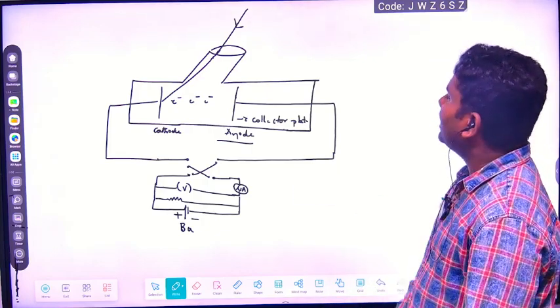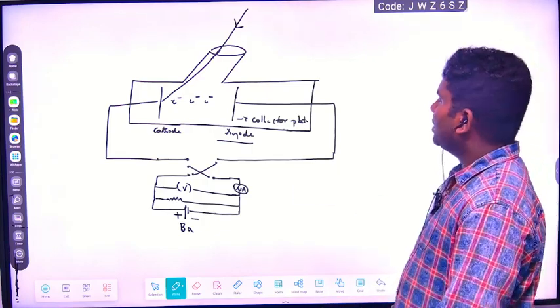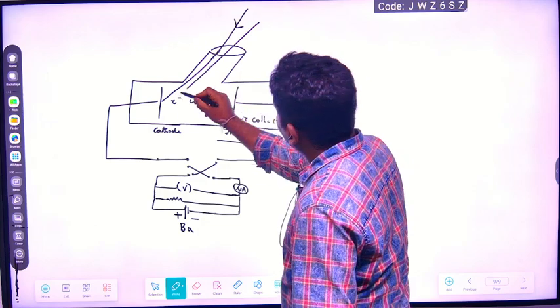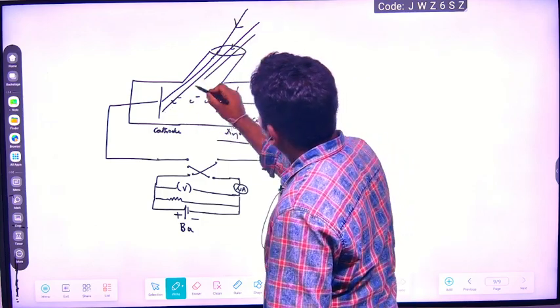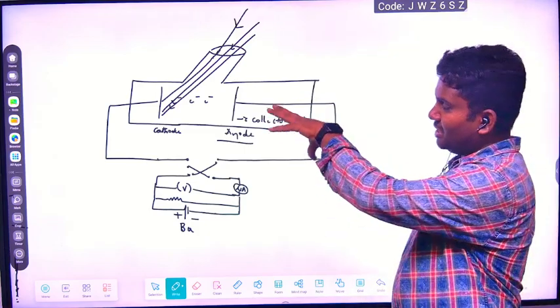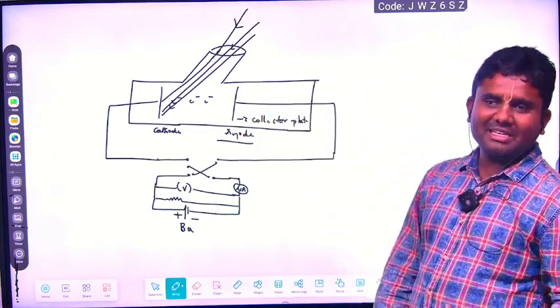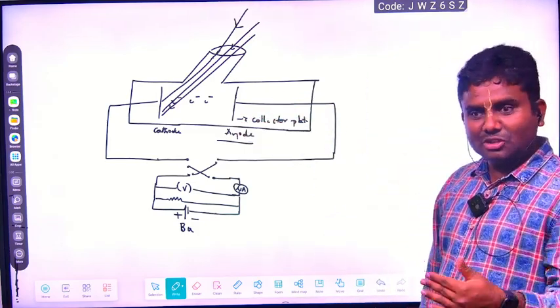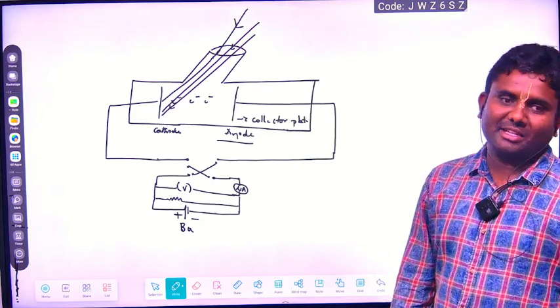Now what they finally observed is that immediately when the light rays fall on the metal surface, the electrons start coming, and that depends on the nature of the material.